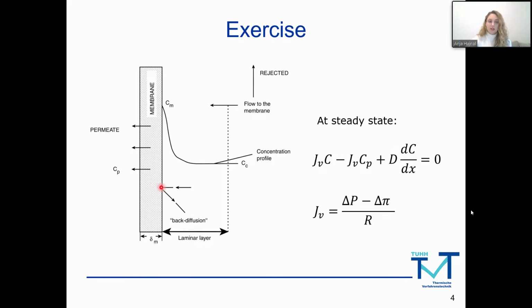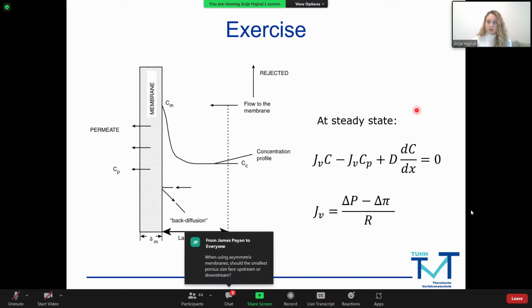And so basically, not all molecules can pass through, and we have back diffusion towards the feed side. And then the molecules that can go through are passing to the permeate side, and here this is noted as CP.